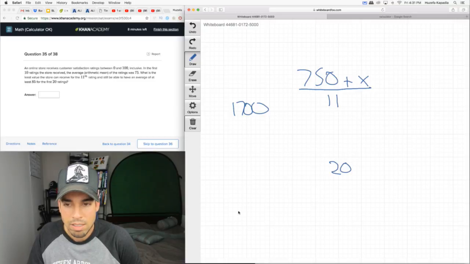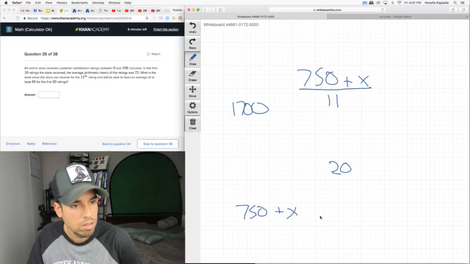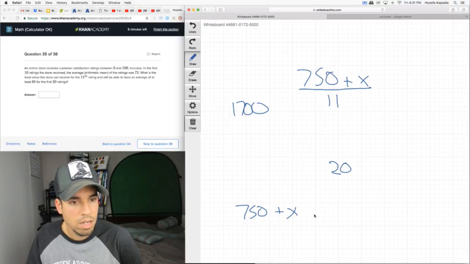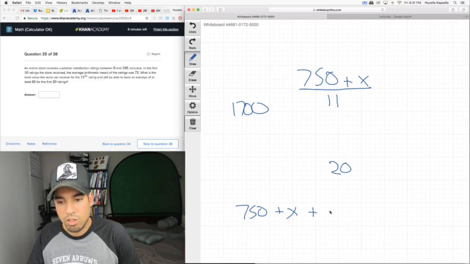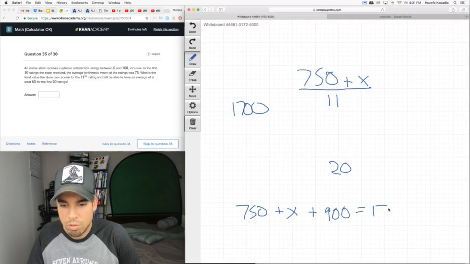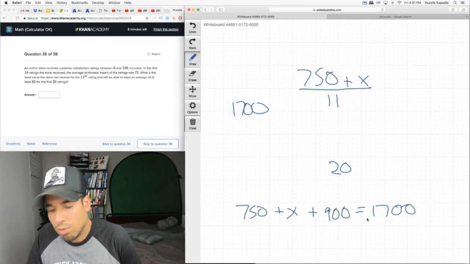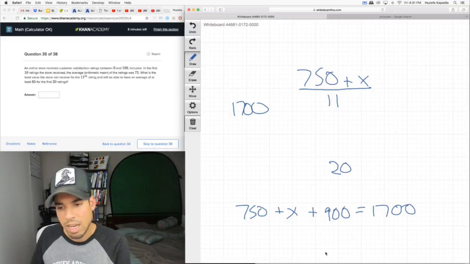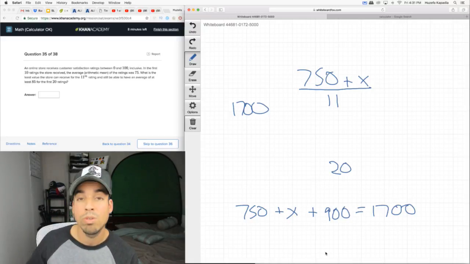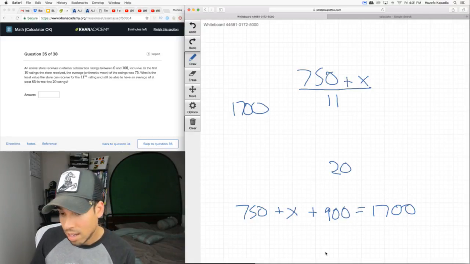And then we've already got 750 plus x, and then plus, let's assume that the rest of the 9 are all perfect hundreds, 900, equals 1,700. So to be able to get an average of at least 85, it's possible if we get all hundreds on the last 9.